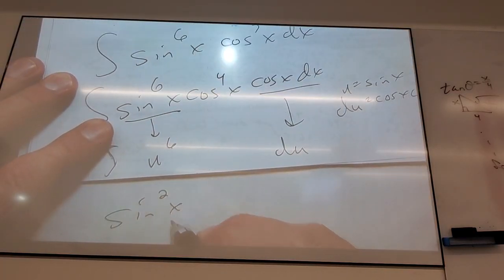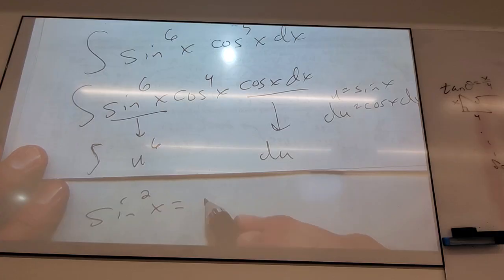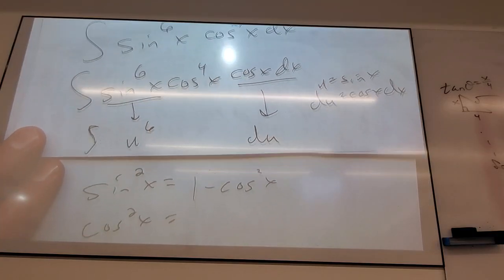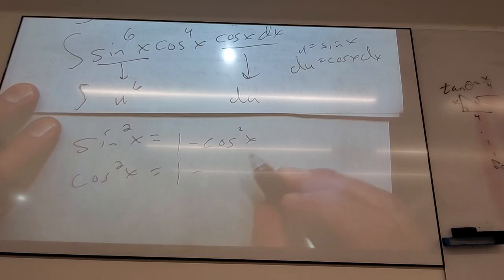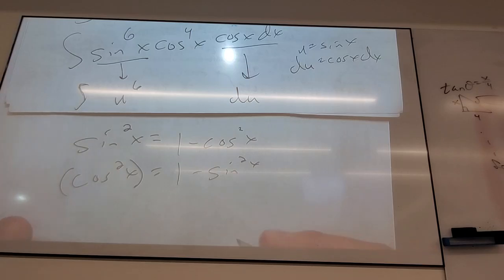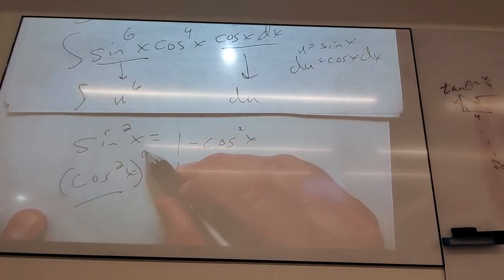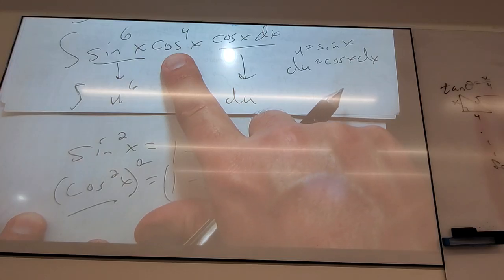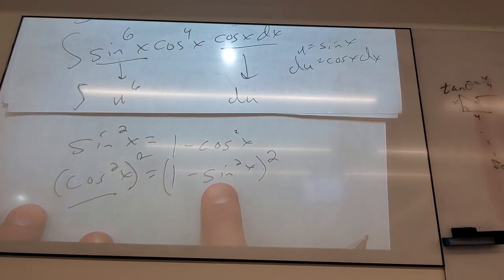There has to be an identity for it. 1 minus cosine squared. So what's cosine squared? 1 minus sine squared. So how do I get cosine to the 4th? What do I do to this? Square it. If I square that side, yes, so you can replace this with this.